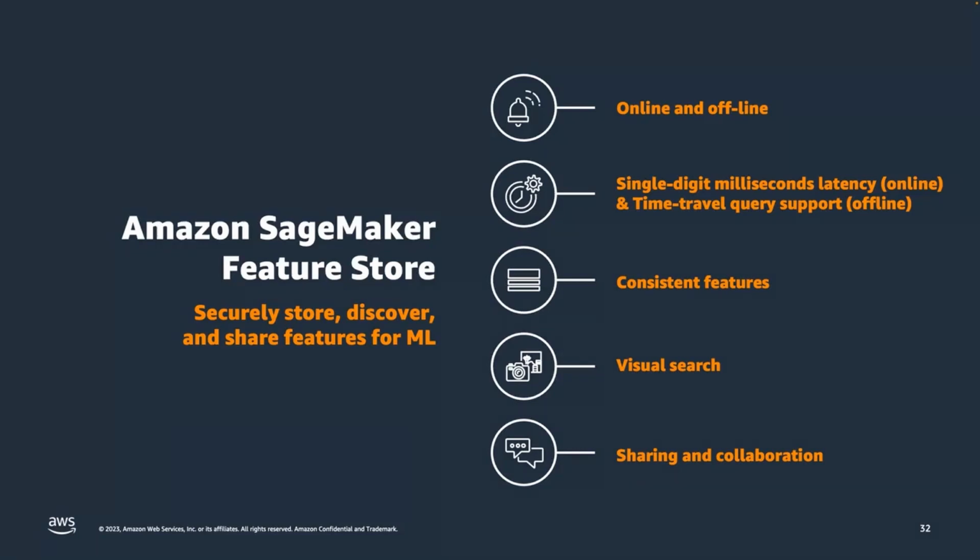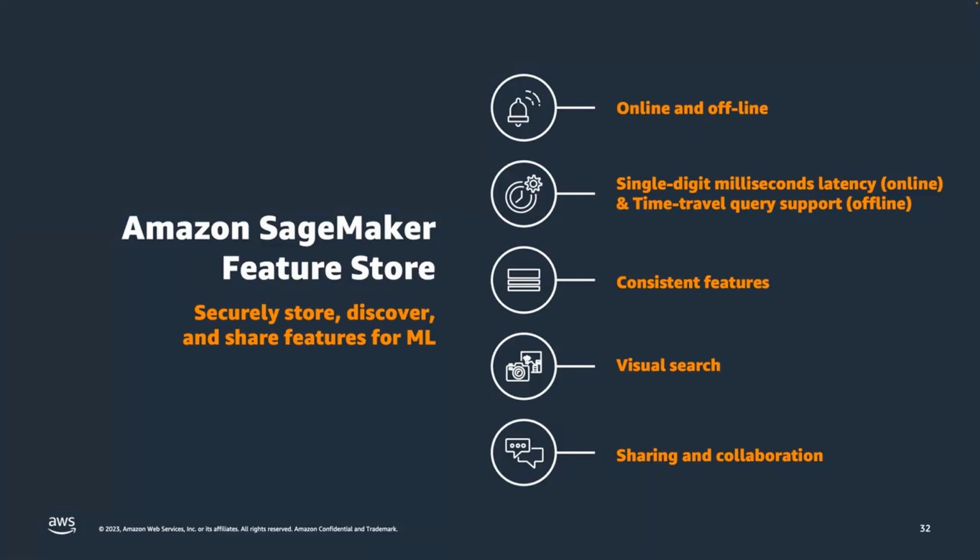Amazon SageMaker Feature Store serves features in large batches for model training and also serves features with single-digit millisecond latency for inference at runtime. Because SageMaker Feature Store offers a central repository for model features, you have a consistent view of your features. In other words, the same features available for training are available for inference. So your features do not get out of sync.